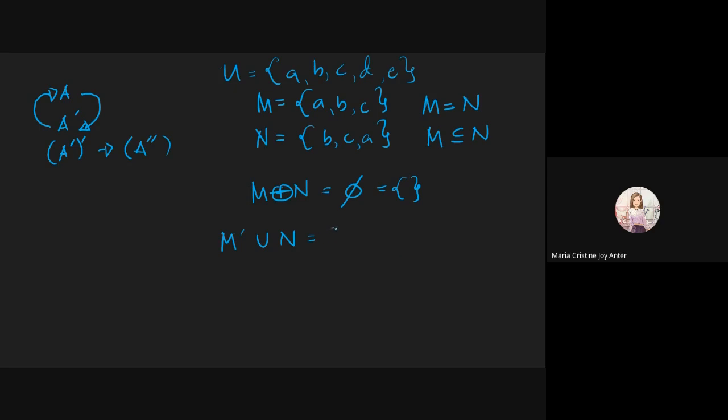M complement is kung unsang elements nga naa sa set U pero wala sa imuhang set M, so that would be D and E. Tapos union with our elements of set N, A, B, and C. Then you combine the two of them, so you can write this as A, B, C, D, and E.